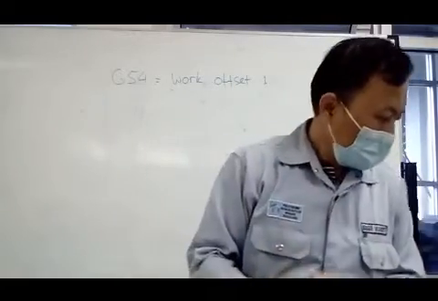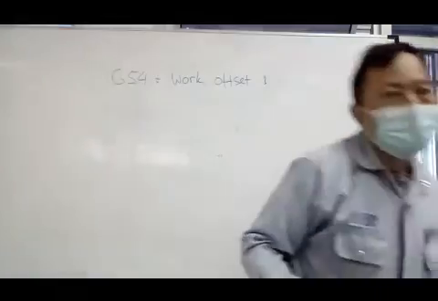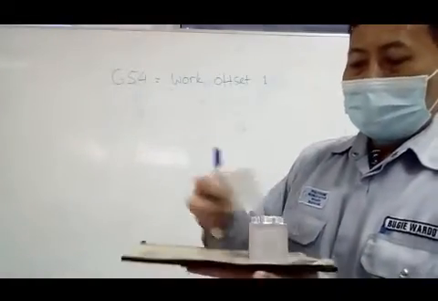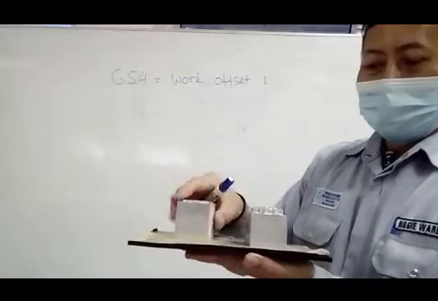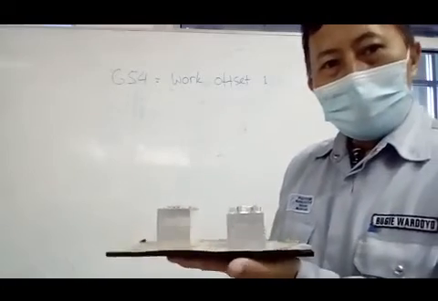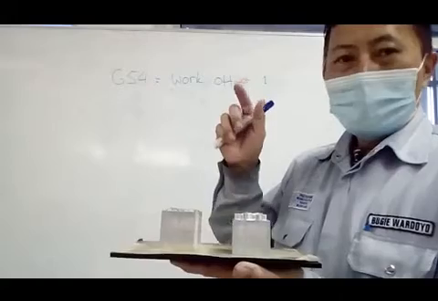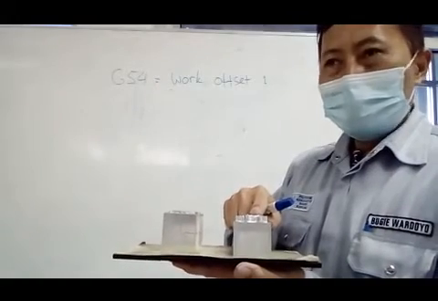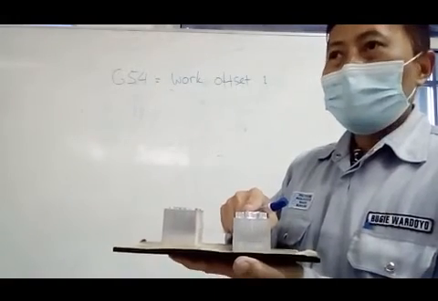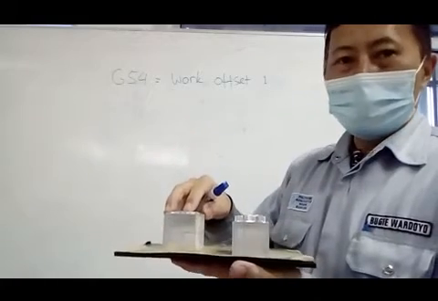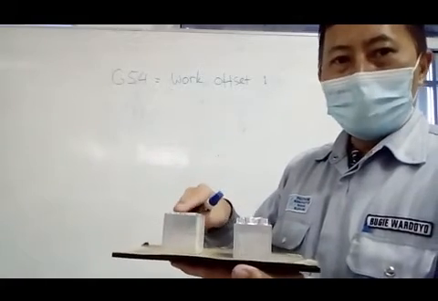and for example, this is the table of the workpiece. If you want to cut more than one workpiece, then the first workpiece must be registered to the first offset G54, and the second workpiece is G55.